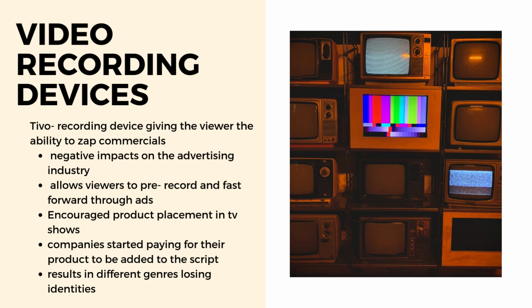It got to the point where companies now have to pay for their product to be placed in TV shows, or are willing to do that in order to make sure that their product is seen by people rather than just hoping that the different television series pick it up and allow for it to be in the show. And this overall results in the different genres within TV losing their identity and not feeling as authentic because there are little ads throughout the TV.